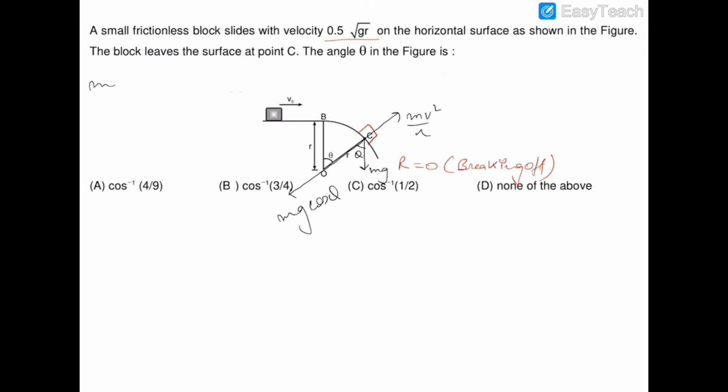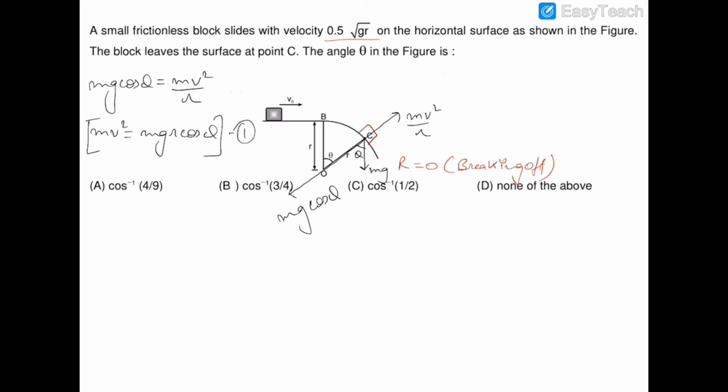So mg cos theta is equal to mv square upon r, and mv square is equal to mgr cos theta. So this is the first equation.